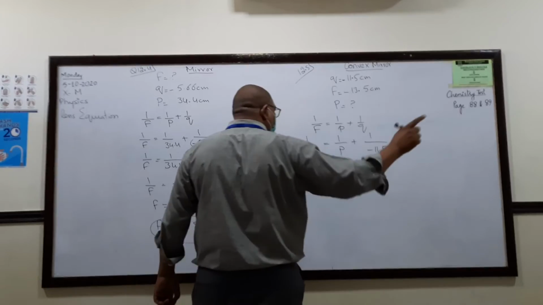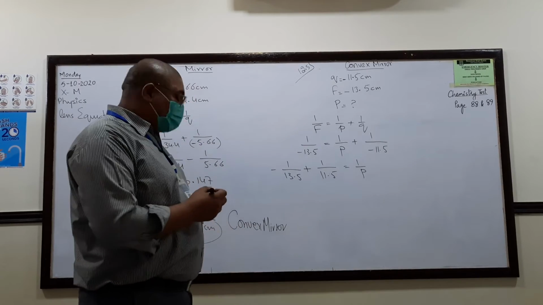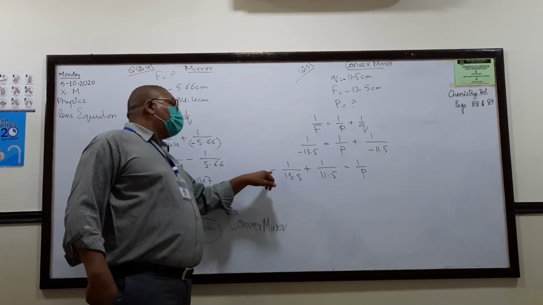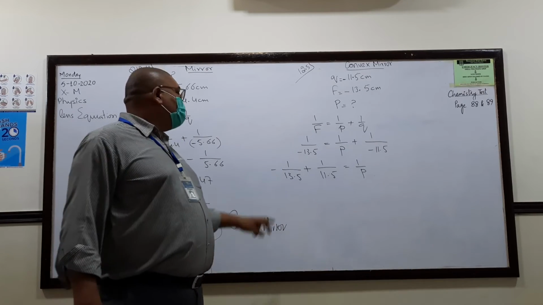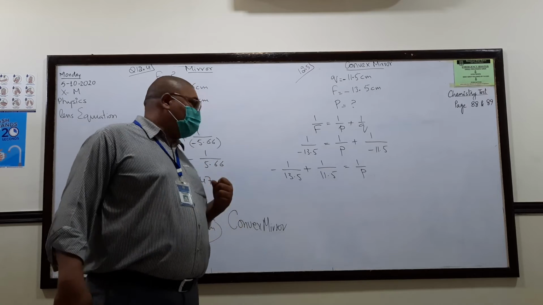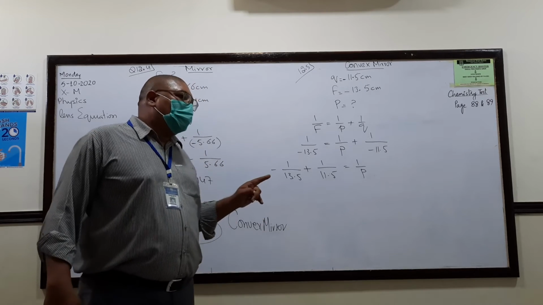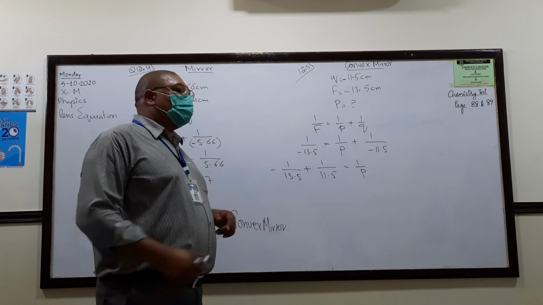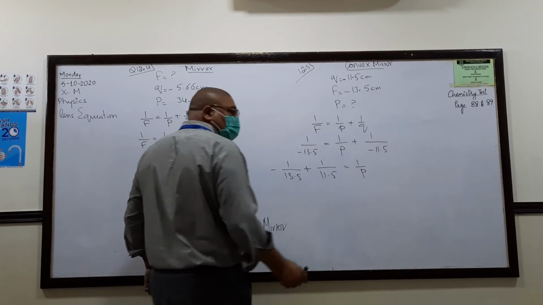Please, do you have a calculator? Do as I say, whatever I say, just enter it in the calculator. Minus 1 divided by 13.5 plus 1 divided by 11.5 equals.